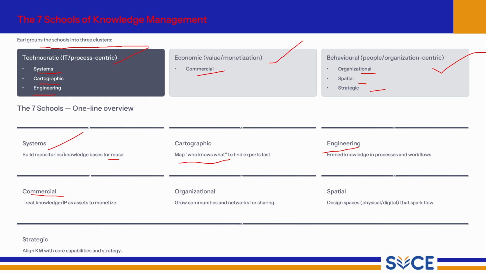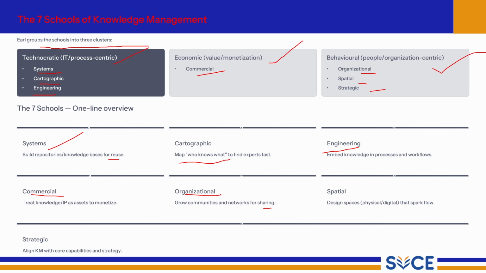And the next one is the organizational school, which grows communities and networks for sharing. The organizational school focuses on building networks and communities of practice where people share experience and insights. So community grows knowledge. And the next one is spatial.